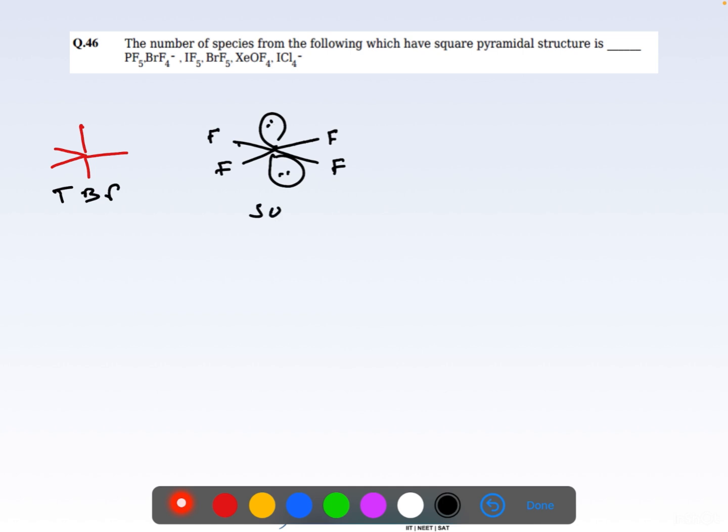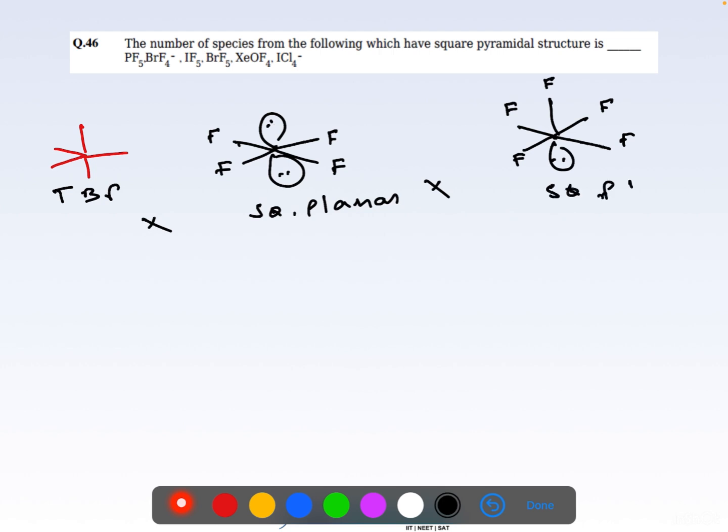So this is square planar structure. So this is also not the answer. IF5: with 7 valence electrons on iodine, 5 are involved in bonding with fluorine, and 1 electron pair is a lone pair. So this is a square pyramid. So this is one option.